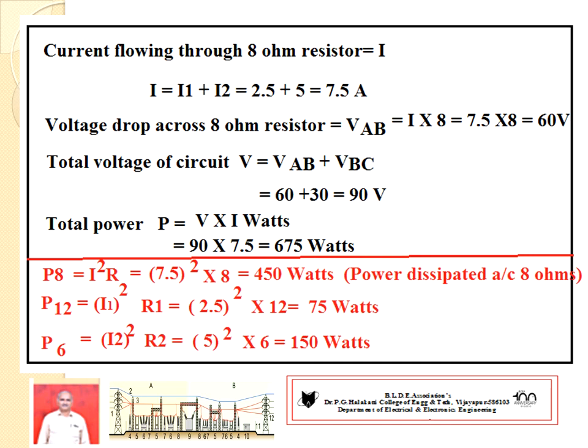Then total power equals total voltage into total current. It may also be equal to I square into RT, where RT is the total resistance of the circuit. So total power equals total voltage into total current. It becomes 675 watts.